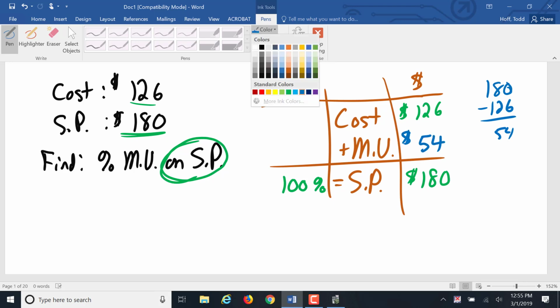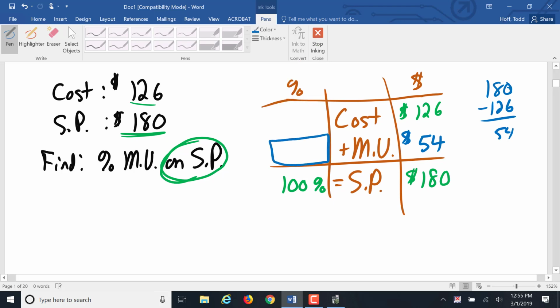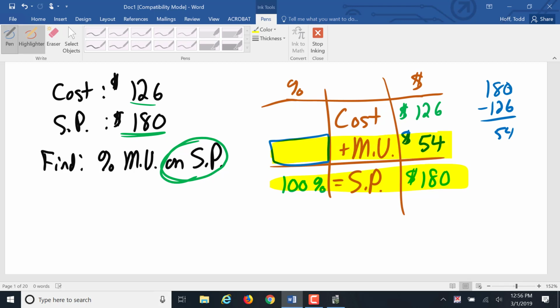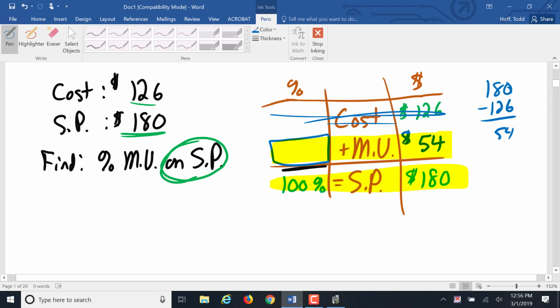Now we are asked to find the percent markup. So that's this number here. Once again, we have the bottom row where we have both the percent and the dollar amount. The markup has what we're looking for, and we have the dollar amount on the other side. So I can ignore that top row, and I have my proportion right there: blank over 100 equals 54 over 180.